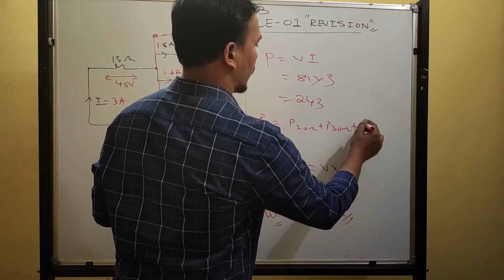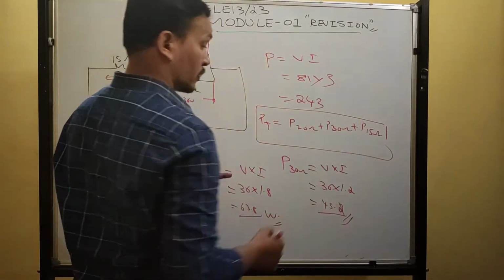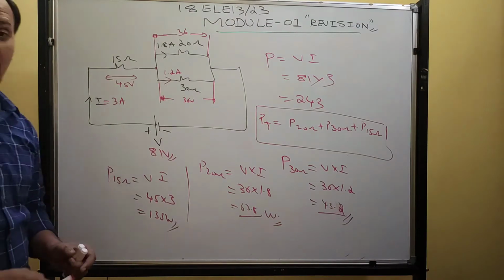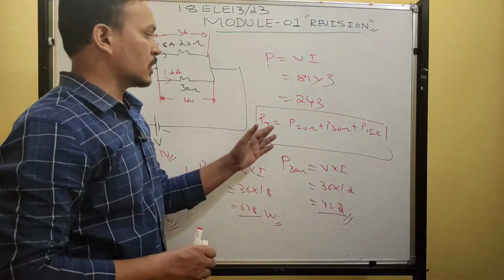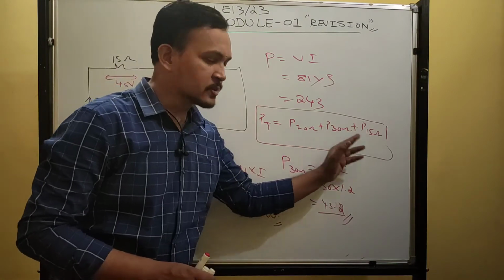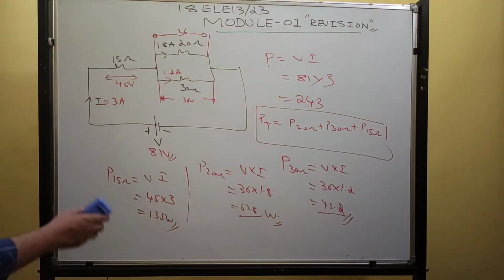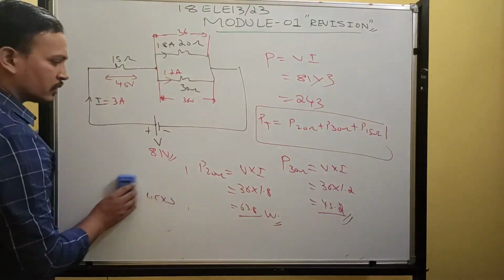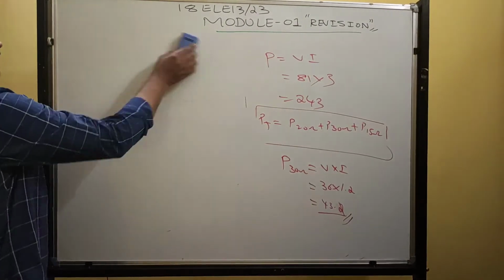Most of the problems you can solve by remembering this concept. Whether it is a series circuit or parallel or combination of both, the total power dissipated in a circuit is the sum of the power dissipated in each and every resistor. Okay, got it? So this much is sufficient to get confident to solve problems on DC circuits.